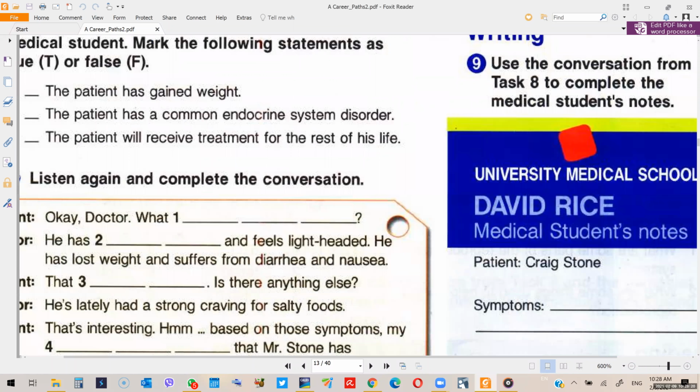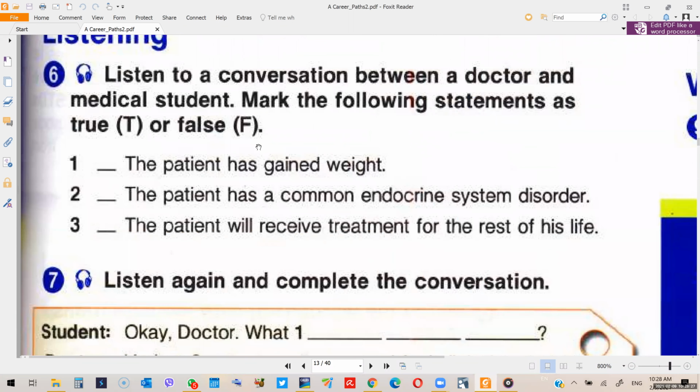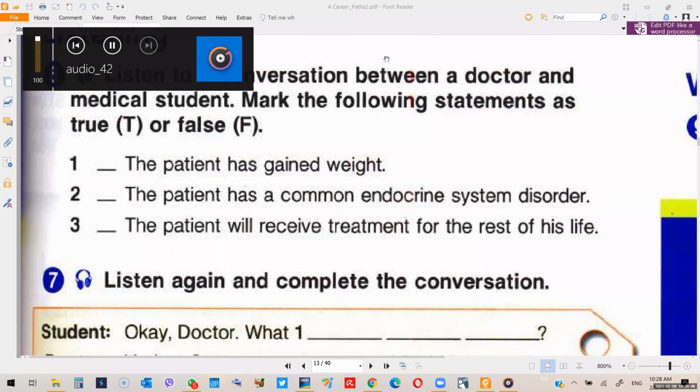Based on those symptoms, my guess would be that Mr. Stone has Addison's disease. Well done. And what is the cause of this disease? It's a rare endocrine system disorder. It occurs when the adrenal glands don't produce enough hormones. Very good. How is this disease treated? Since it's a chronic disease, treatment will be lifelong. It involves regular steroid replacement therapy. Right again. You're doing well, David. Let's move on to the next case.